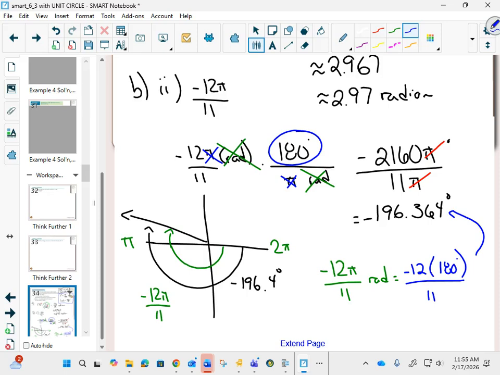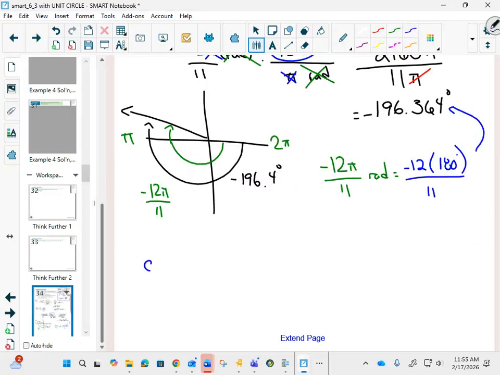Then part C, which we'll do quickly. Bell's gonna ring any second. We have 7.5 radians. I would multiply by 180 over pi, and then I would get how many degrees. So I take that to my calculator, 7.5 times 180 divided by pi, 429.7 degrees.